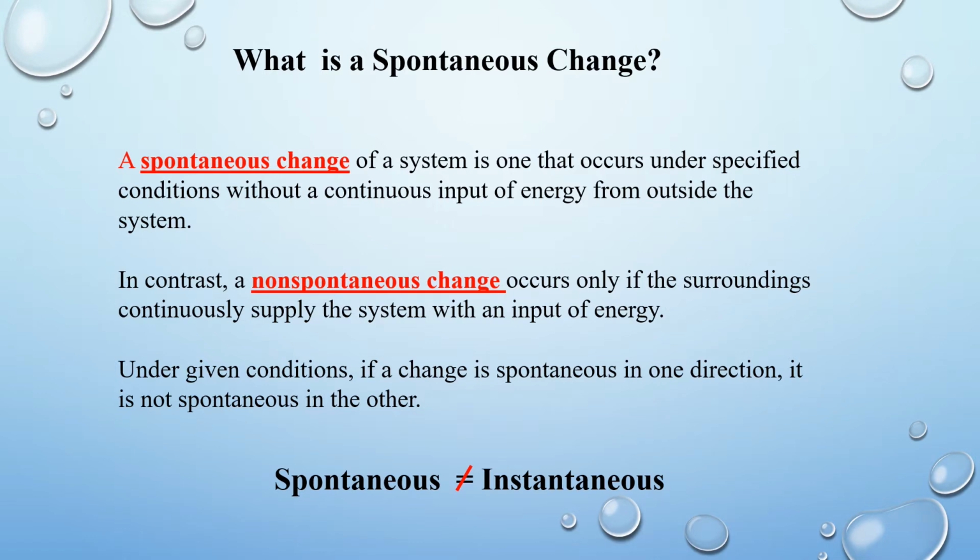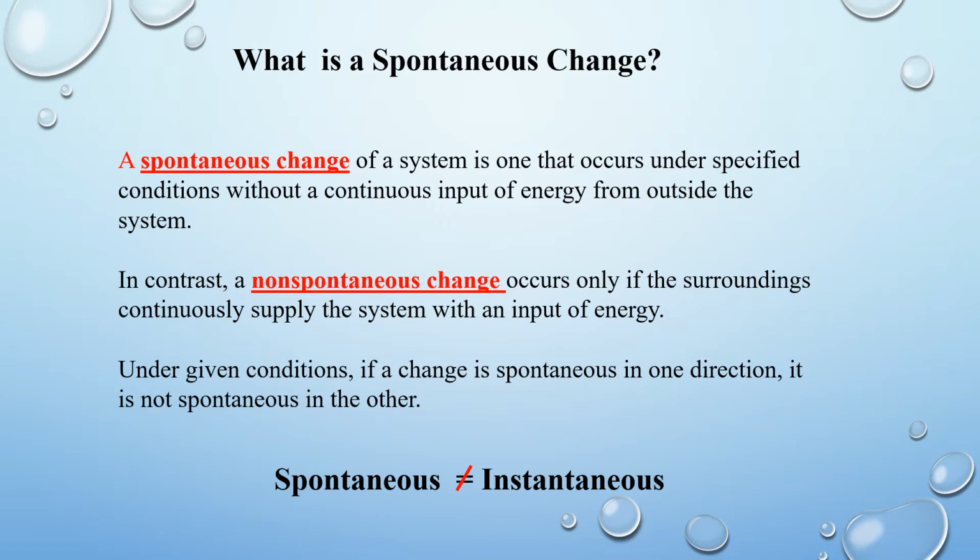For example, if I want to push a very heavy object from one end of the room to another, I have to push it all the way. If I just give it a little push at the beginning, it stops after moving just a little bit. It's not spontaneous. I have to push it all the way. That's an example of a non-spontaneous change.